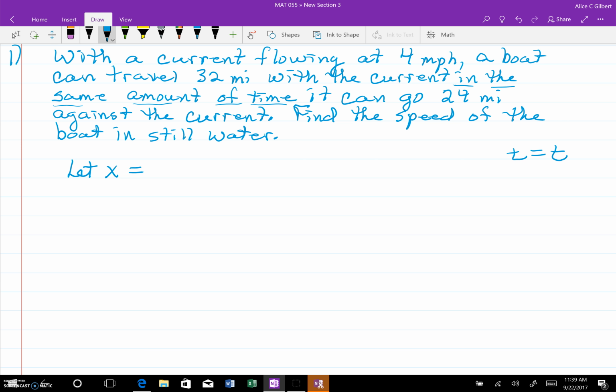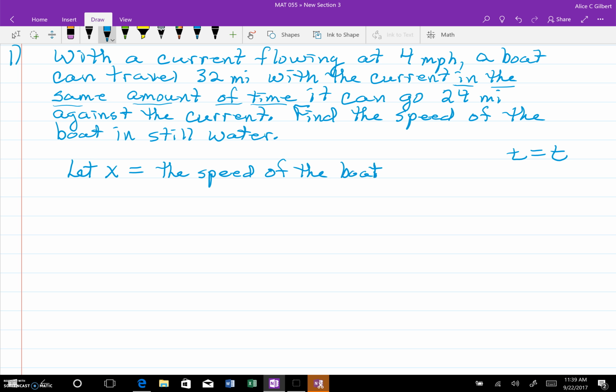Now we describe in words what X is going to be without numbers, except in very specific cases, but I don't think we have any of those in this unit. So in this case, let X equal the speed of the boat.